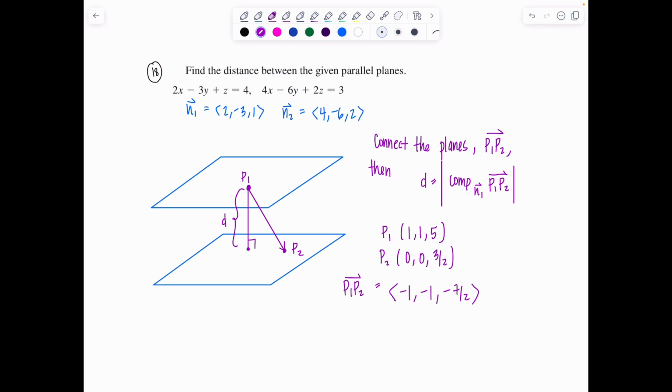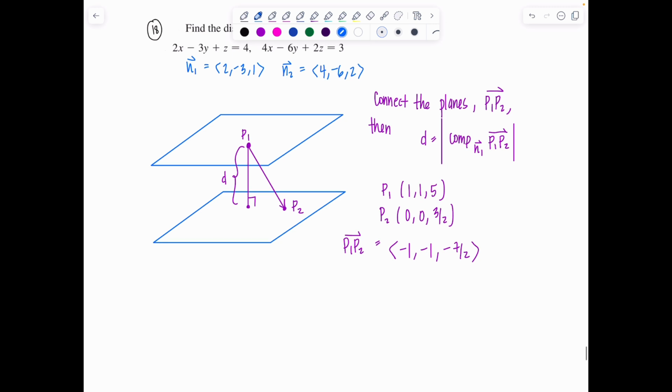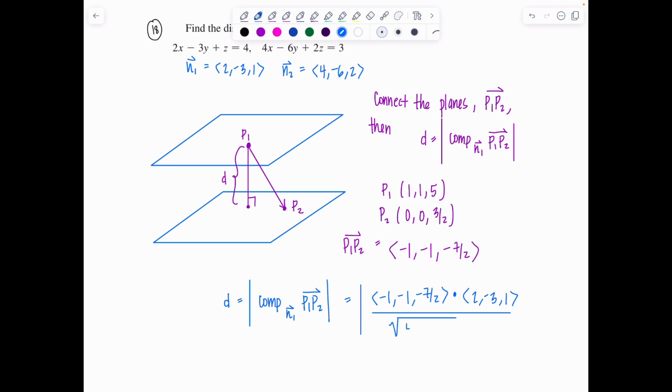Okay, very good. So now all I need to do, this vector is connecting my 2 planes. To get this distance here, I'm going to find this scalar projection along, let's do n1. So the distance is going to be the absolute value of the scalar projection of p1, p2 along n1. So this is going to be the absolute value of the dot product of p1, p2 and n1 divided by the magnitude of n1, which is the square root of 4 plus 9 plus 1. So let's see.